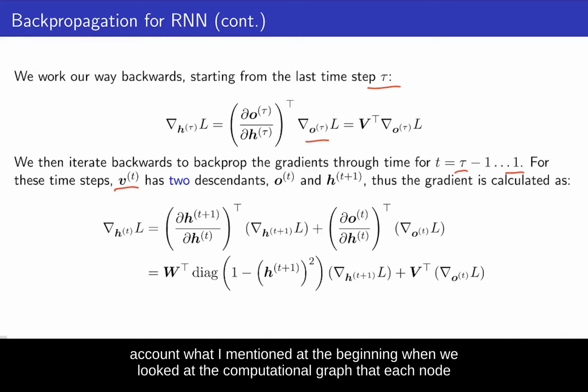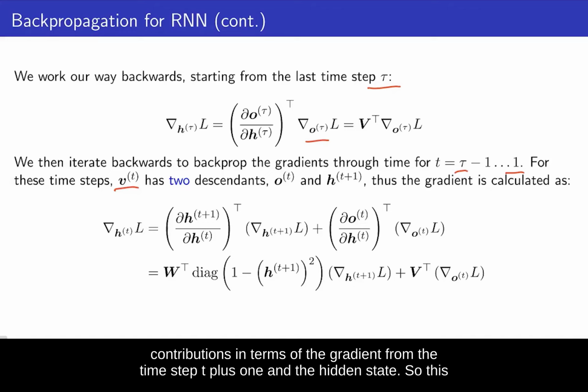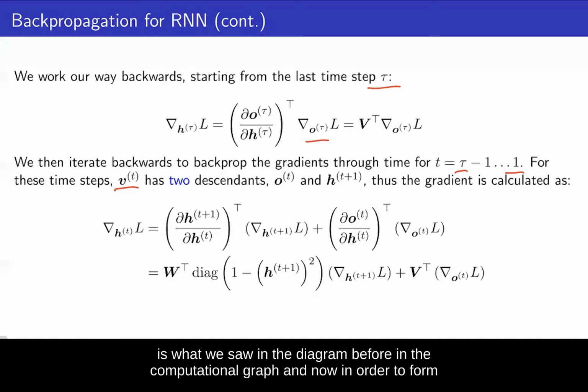And we need to take into account what I mentioned at the beginning when we looked at the computational graph, that each hidden state h at some time step before tau, further backwards in the sequence, gets two contributions in terms of the gradient: from the output at time step t and from the hidden state at time step t plus 1. So this is what we saw in the diagram before in the computational graph.